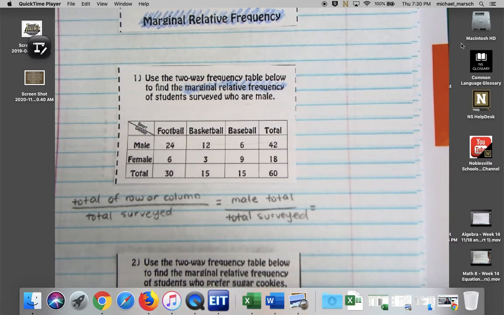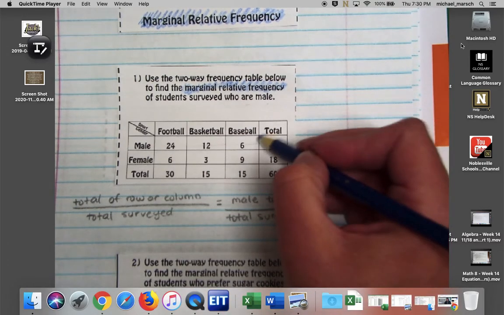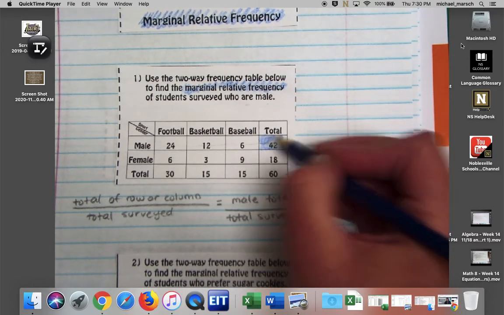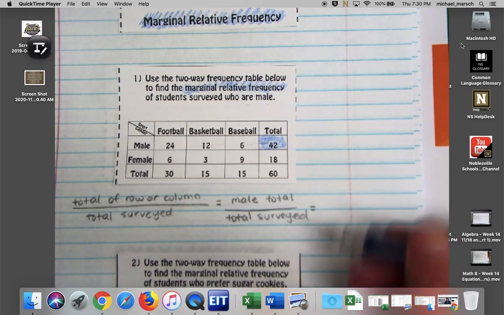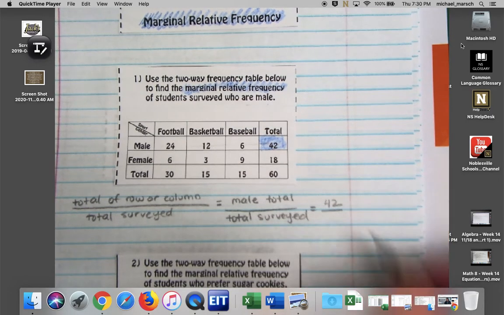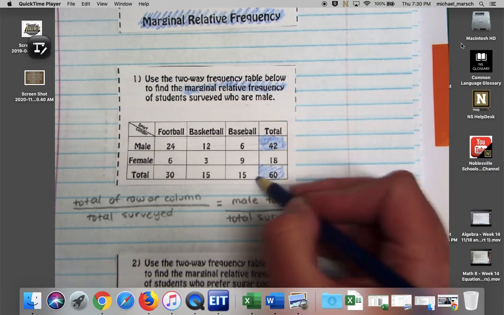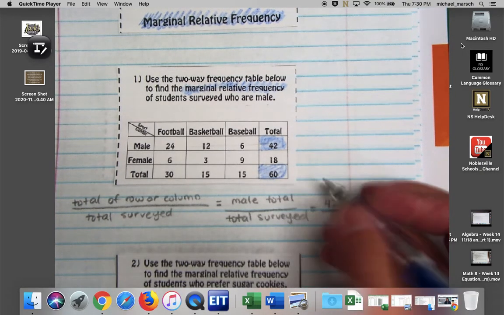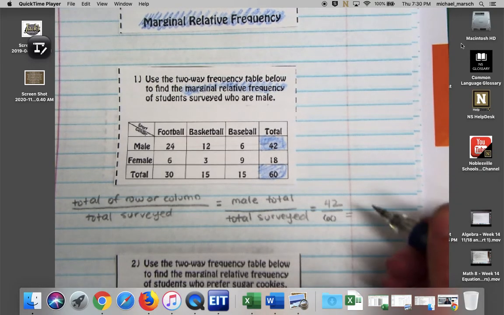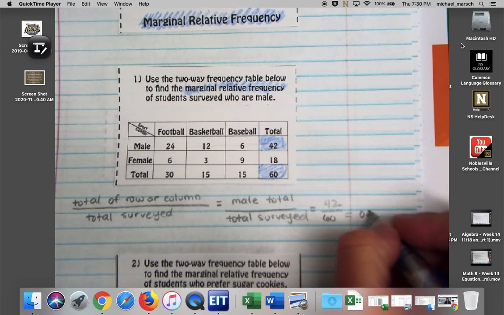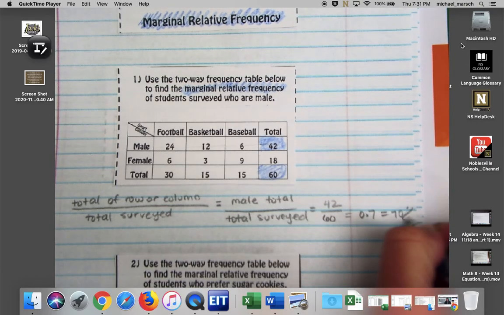So I can see on my table that there were 42 fellas surveyed about their sports out of the same total, 60 people, which happens to simplify to 0.7, which is 70%.